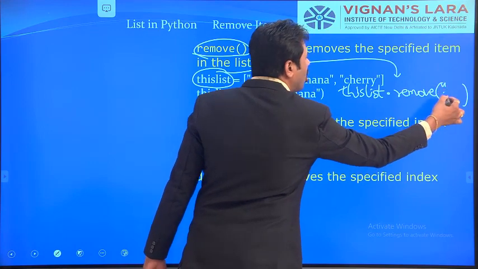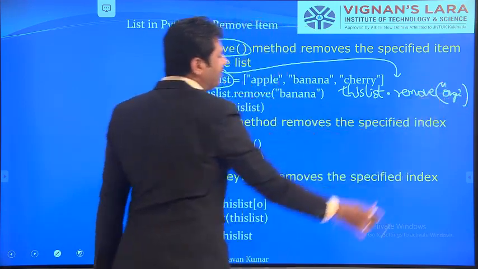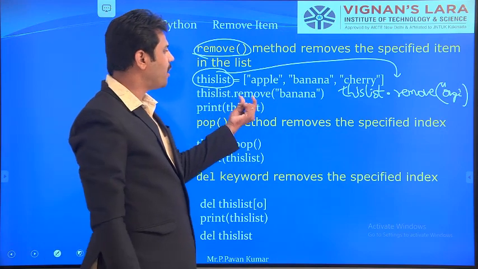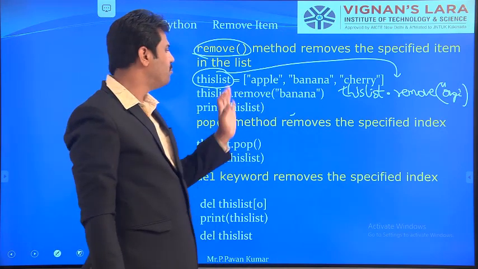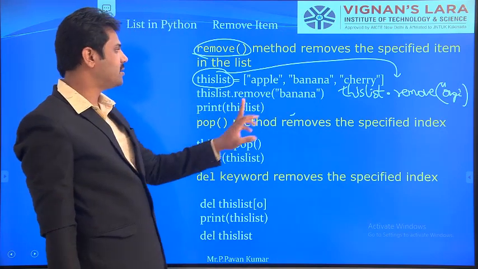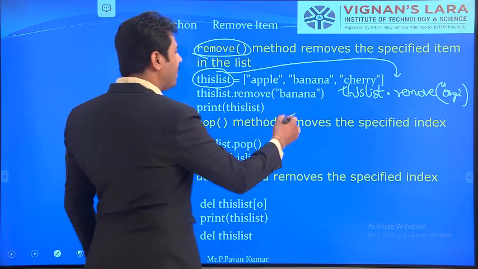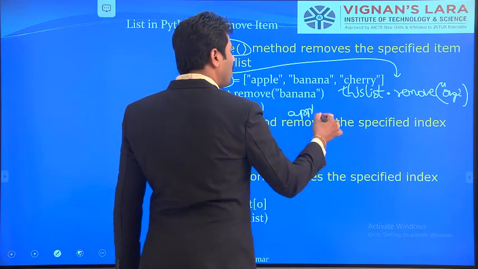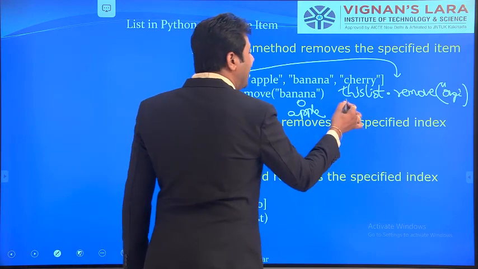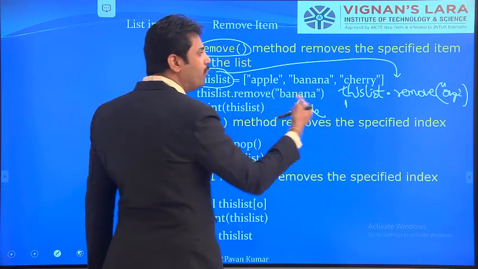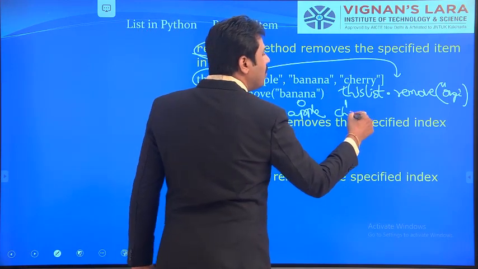That means orange or cherry or banana or anything. Okay, this list dot remove of banana. I just remove banana. After printing this list, apple is going to be placed at index 0, and index 1 was banana, which is removed. Cherry is going to be placed here.